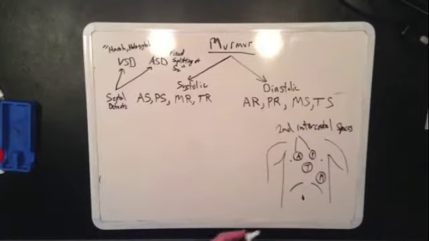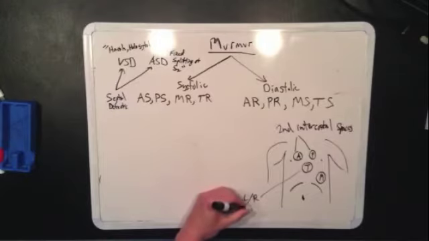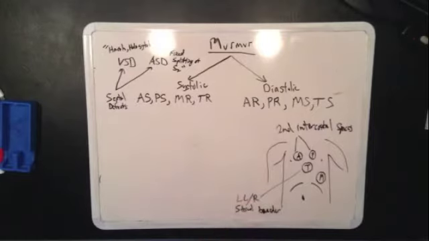It's just that simple. This is going to be the lower left or right sternal border. It doesn't matter. You can hear it on the left or the right. It depends on the person.